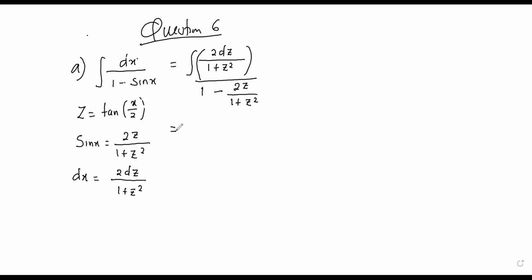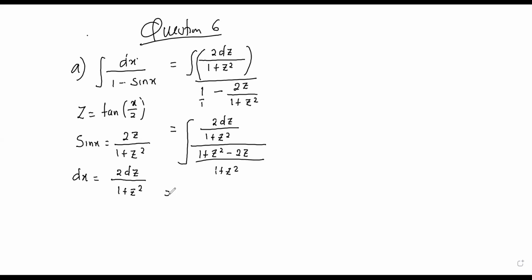So we can work out our fraction. We have 2 dz over 1 plus z squared, and then we divide by the common denominator. For the 1 in the denominator, we are getting 1 plus z squared, and then minus 2z.